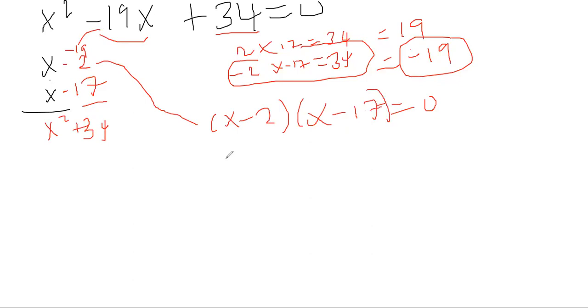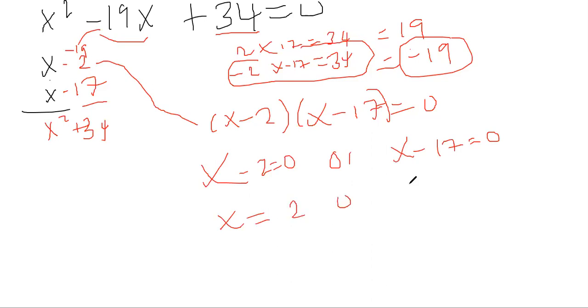So x minus 2 equals 0, or x minus 17 equals 0. Then x equals 2, or x equals 17.